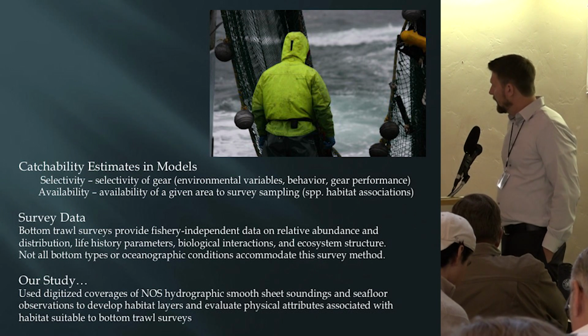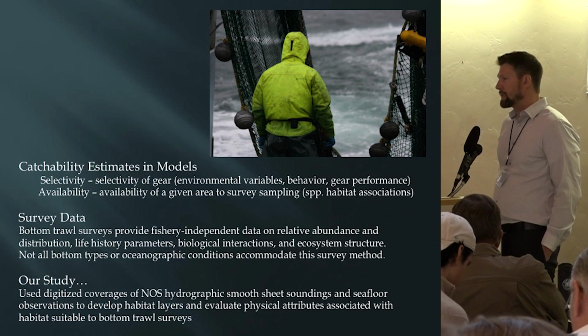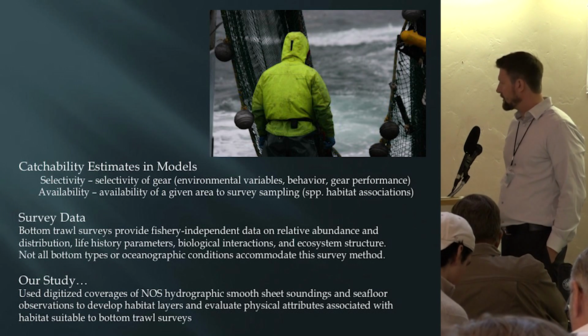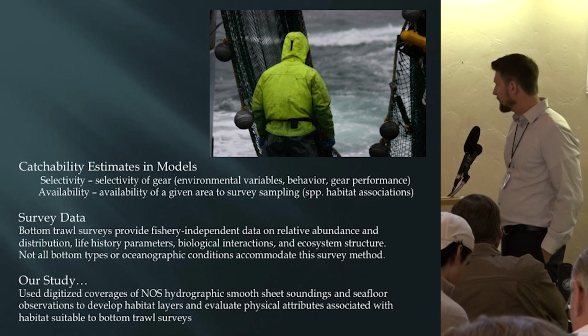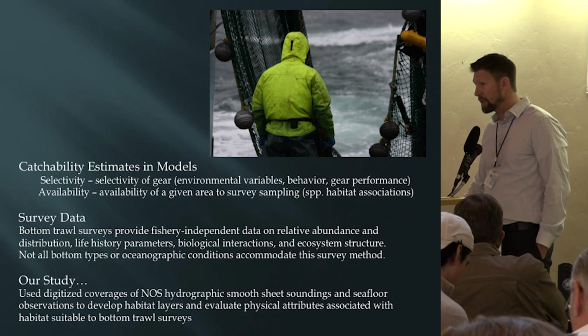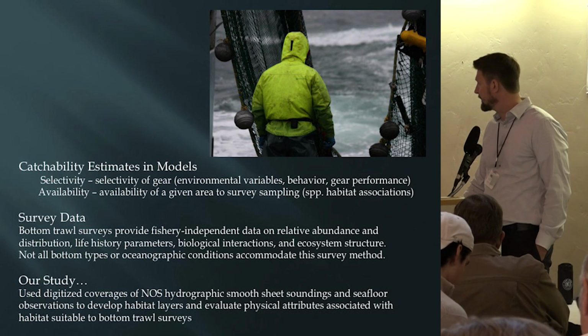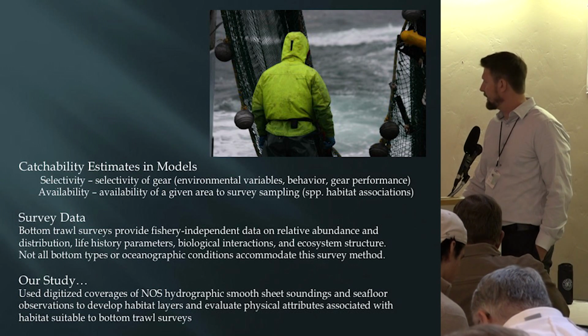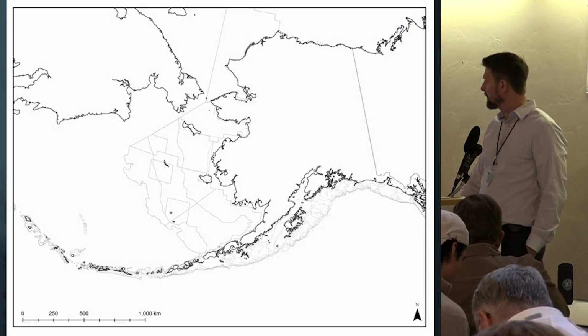So we were using some of the digitized coverages that Mark Zimmerman had put together that Wayne showed before. This is the National Oceanographic Service hydrographic smooth sheet data that have been digitized. And then looking at what habitat is available to these bottom trawl surveys.